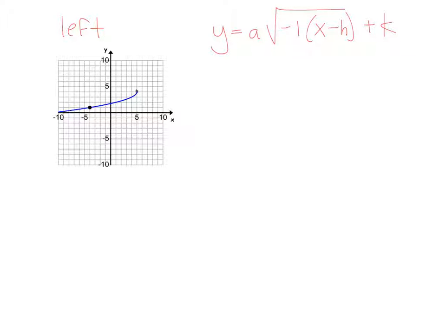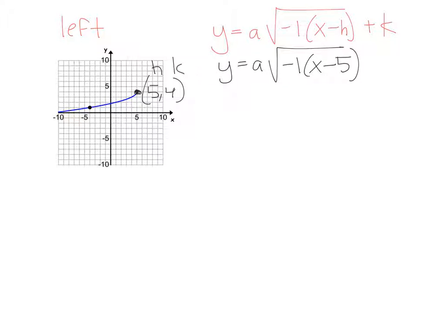Okay, h, k is the starting point. That's right here. That's 5, 4. So h, k. So we'll plug that in. Y equals a times the square root of negative 1 times parentheses x minus h, which was a 5, plus 4.